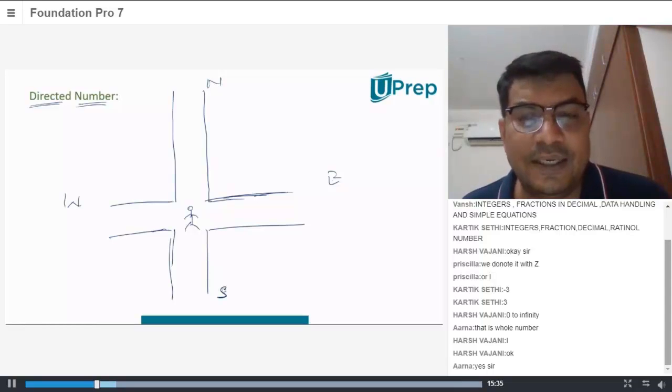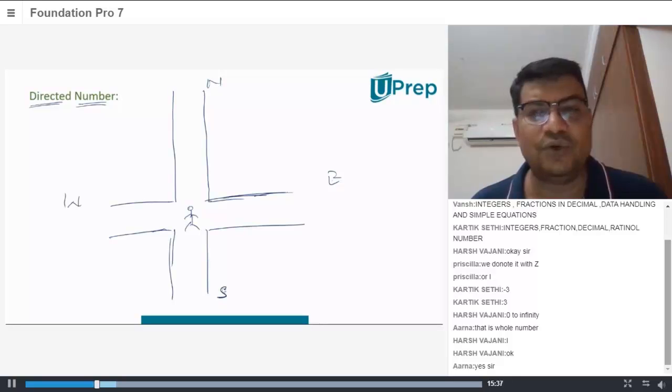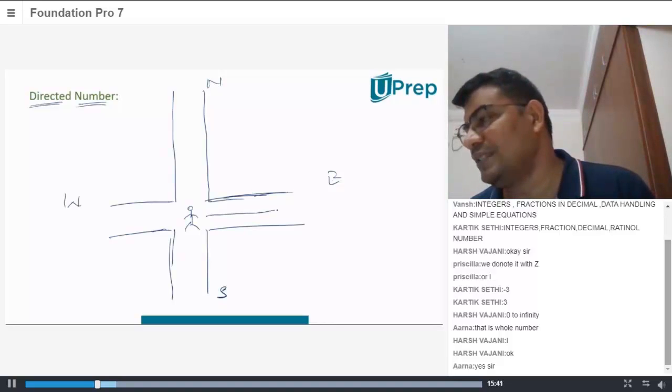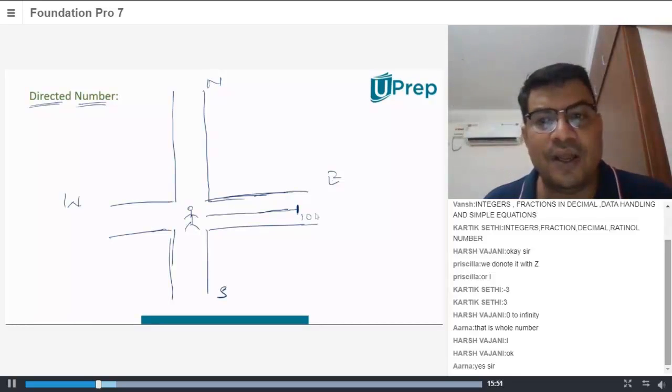So if someone tells you to go 10 meters towards your east, you know that you will go directly in this direction. Let's assume this is 10 meters. So you will go here and say, hey, I have traveled 10 meters.